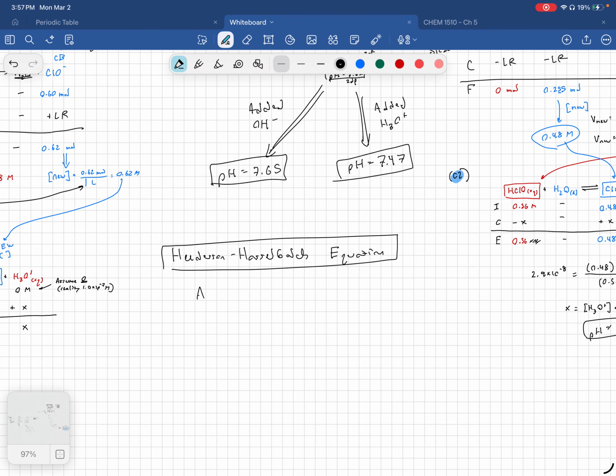It makes an assumption. Assume your initial concentrations of conjugate acid and conjugate base are equal to your final concentrations of conjugate acid and conjugate base. In other words, plus or minus x can be ignored.